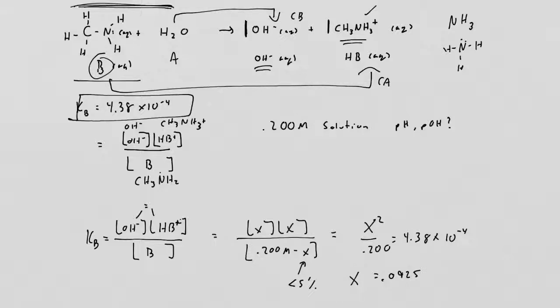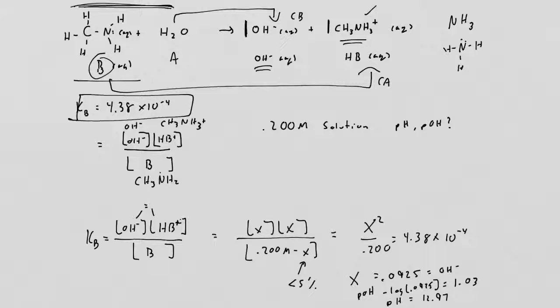Now that is equal to your hydroxide concentration. So we could take the negative log of that, and if we take the negative log of 0.0925, that gives us a pOH of 1.03, which is very basic, and our pH is equal to 12.97.